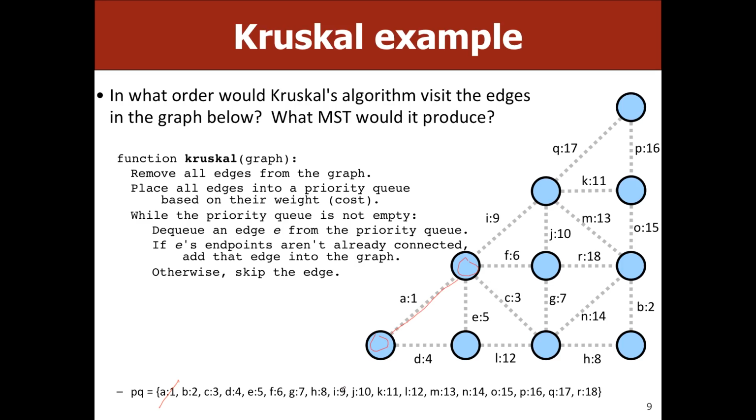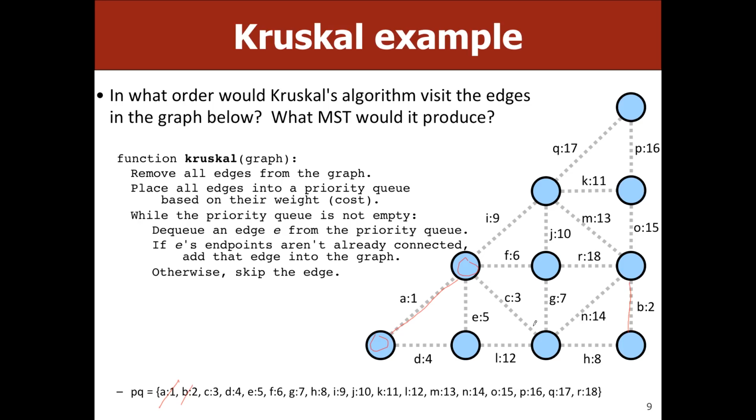Okay. So our next edge is B2, which is this edge over here. How many people think include it? How many people think don't include it? Okay, yeah, B2 also connects two vertices that are not currently connected in our graph. Our next edge is C3, which is this one here.